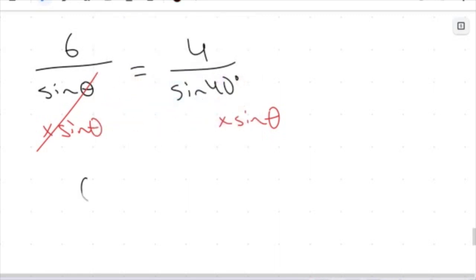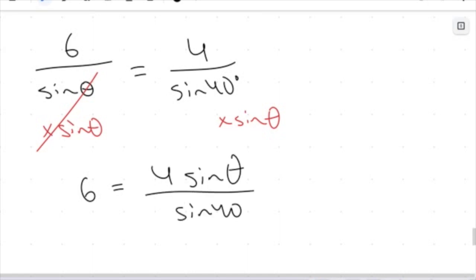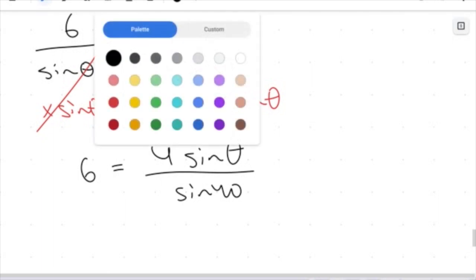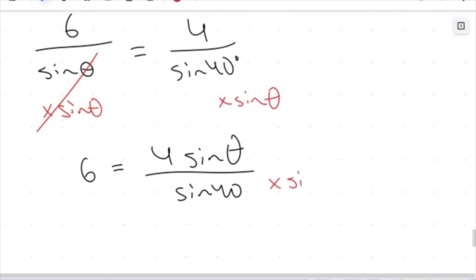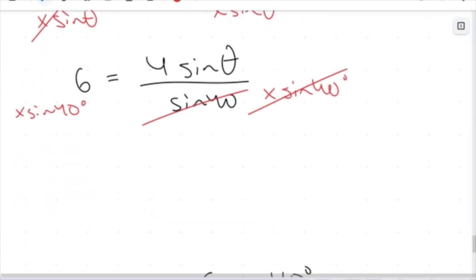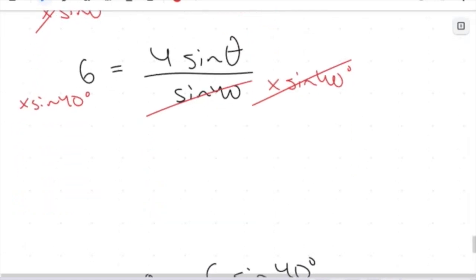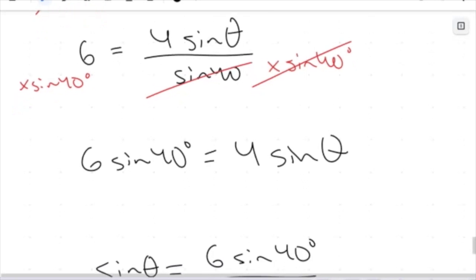So I can say that 6 equals 4 times sine theta over sine of 40. Now I can multiply both sides by sine 40 to get 4 sine theta on its own. So multiplying this clears my denominator here, and I'm left with 6 times sine 40 equals 4 sine theta.